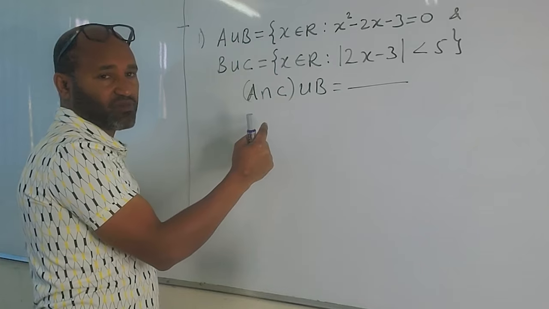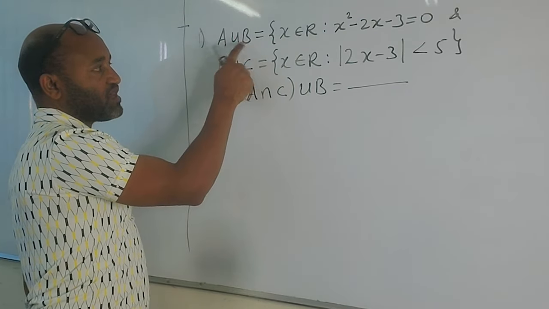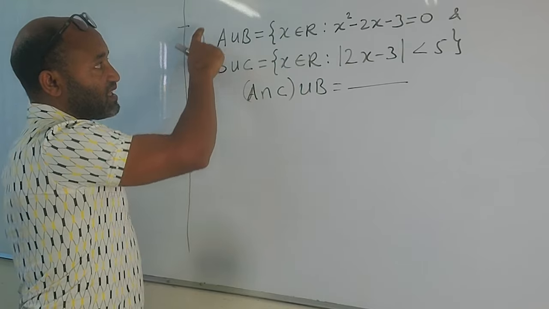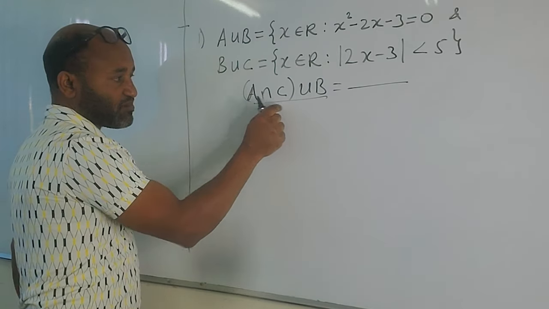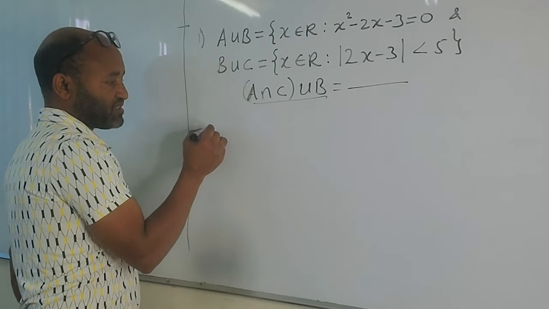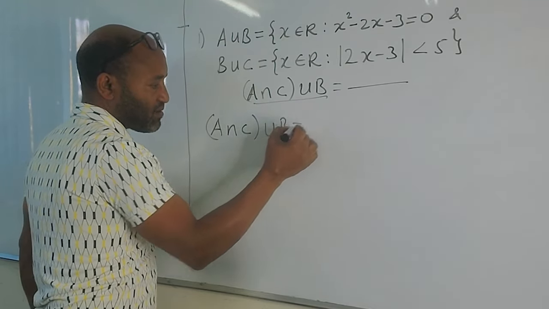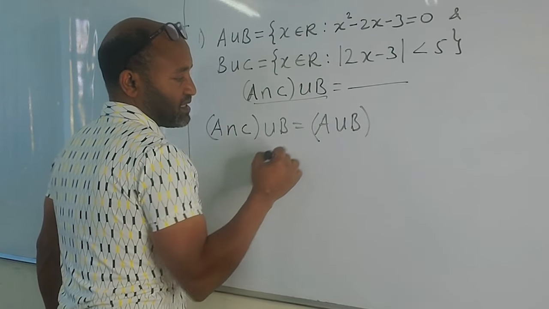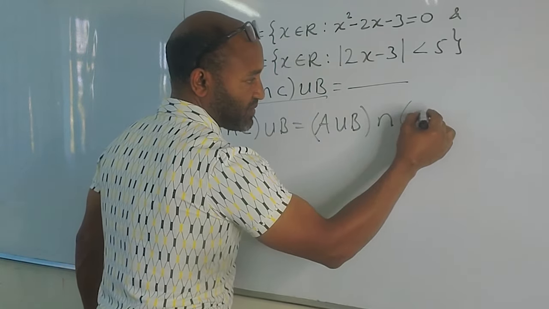If we distribute this one, we will have A union B, C union B. So when we apply the distribution property, A intersection C union B is equal to, when we distribute it, A union B intersection C union B.